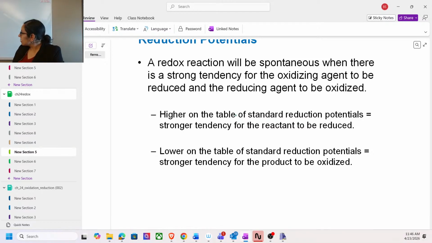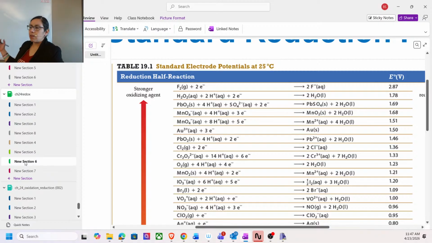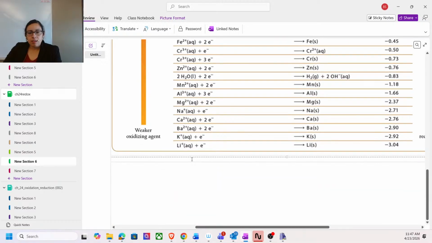So the main thing is just our oxidation states from 24, but starting to see that if they're higher on the table, they tend to be our oxidizing agents, so they want to be reduced. Lower, then again they are oxidized. So just continuing to put that in context in your brain. So like fluorine is up at the top, and then all your alkali metals are at the bottom.